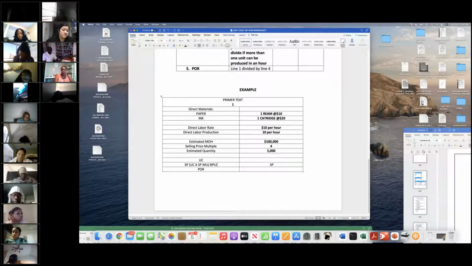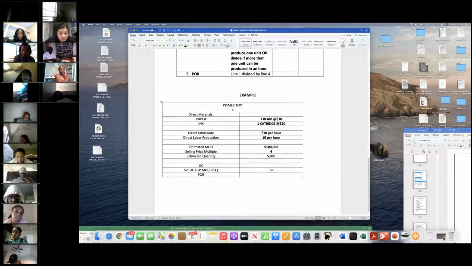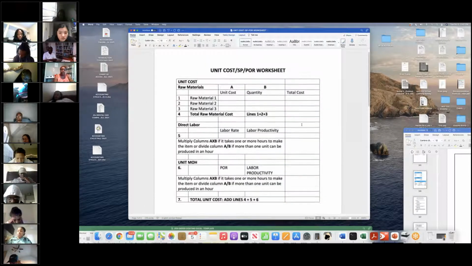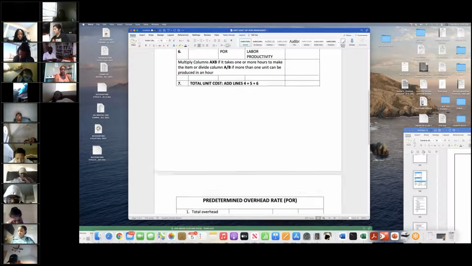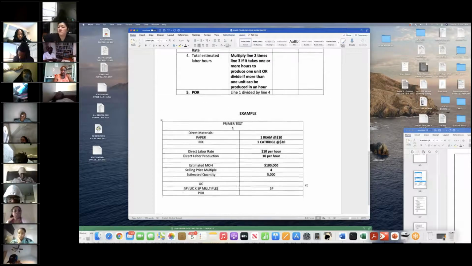So with all my, hopefully, better teaching today than I was last week, I want everybody in the class with this example to calculate total unit cost. Might help to calculate the POR first, you don't have to.